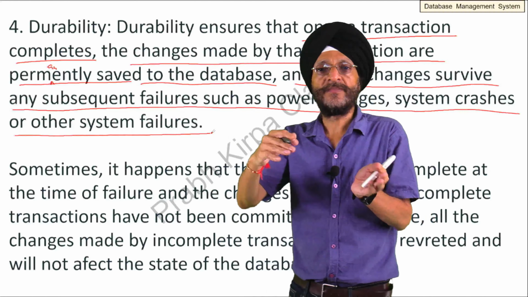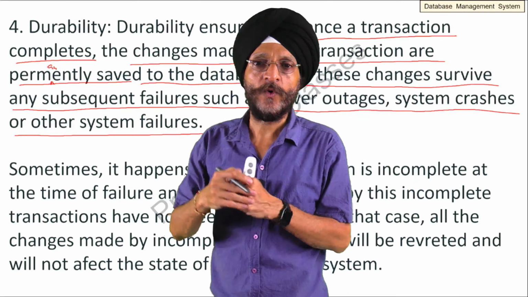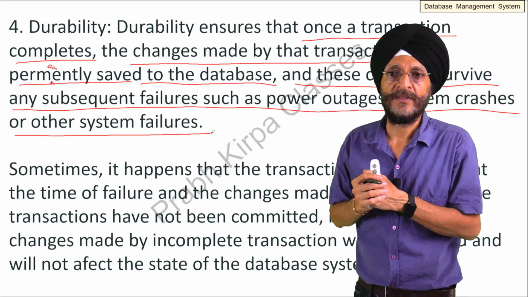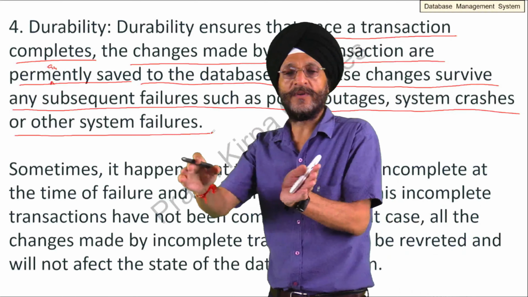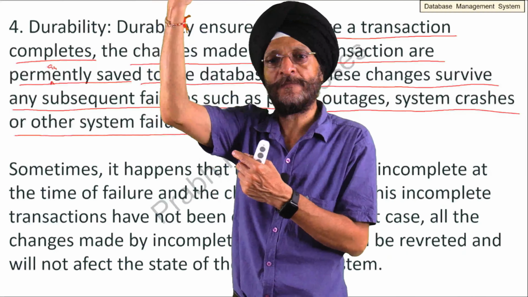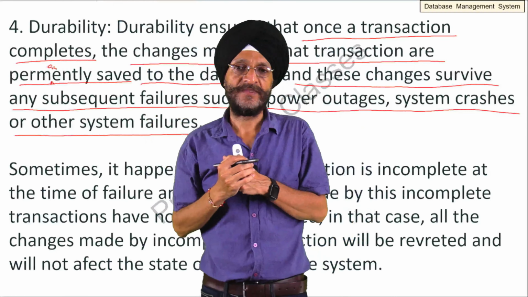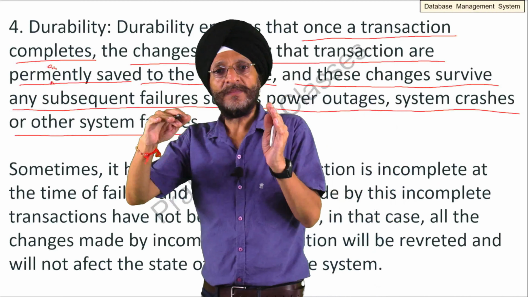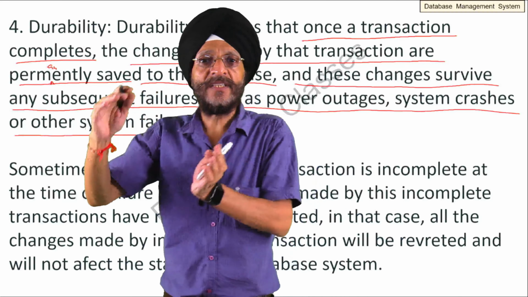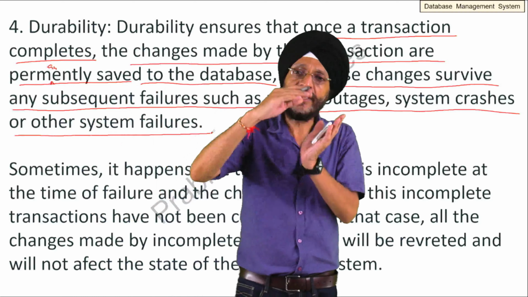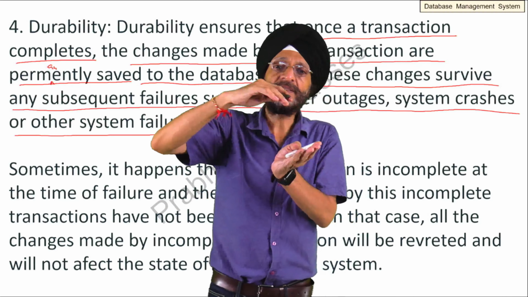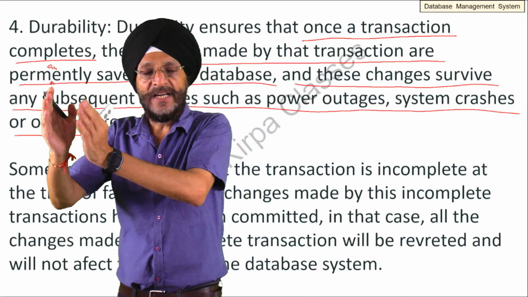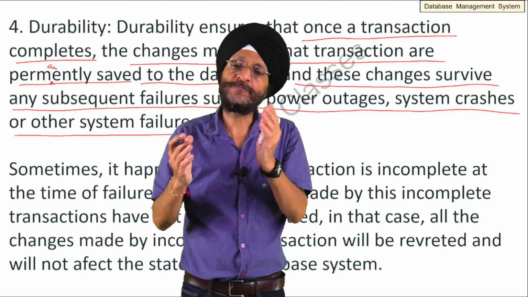Suppose in the meantime power goes off or internet connection fails, or a system crash occurs at the level of say the online site. Even after that, the DBMS system has the mechanism that it will ensure that the inventory level which is being maintained at the database of the online site is properly updated.